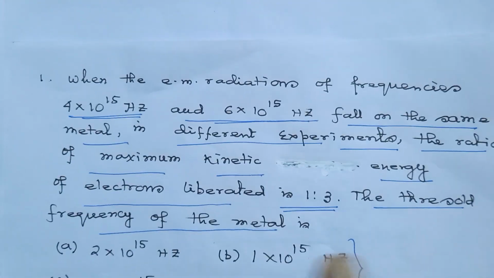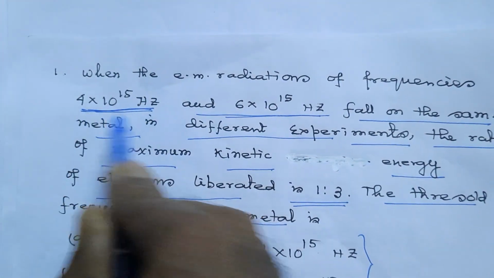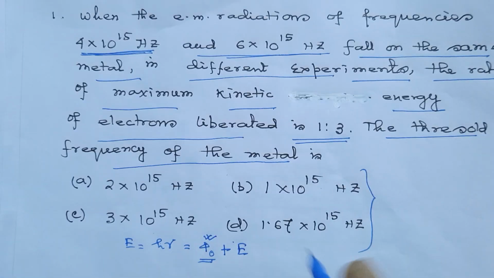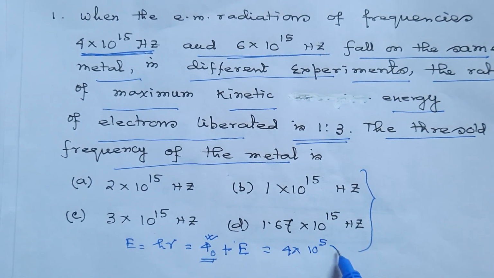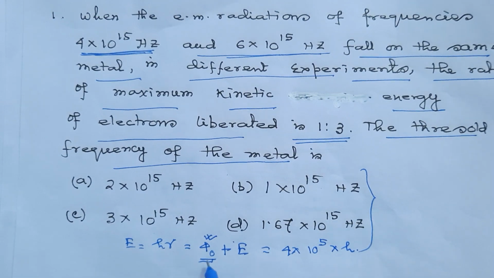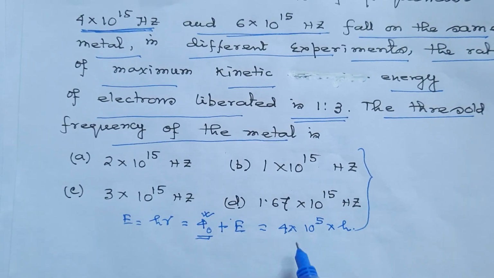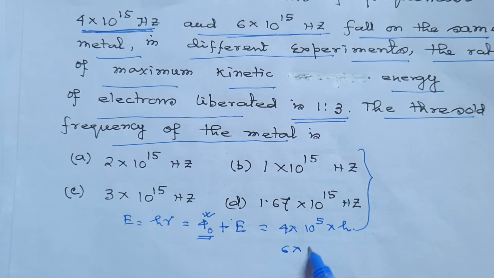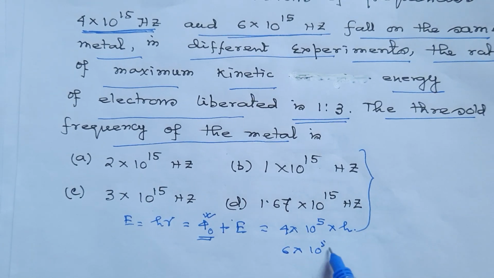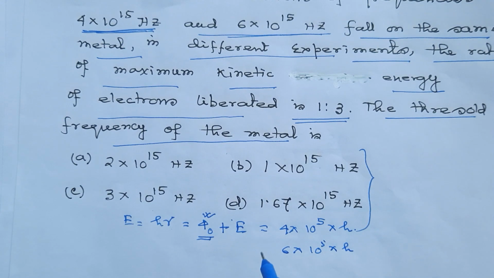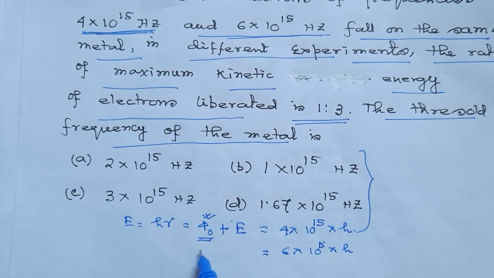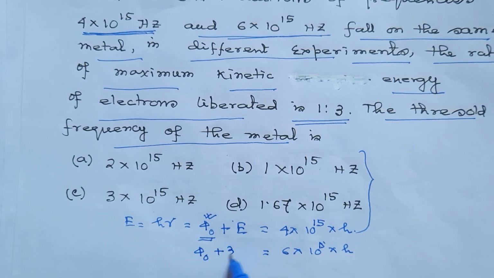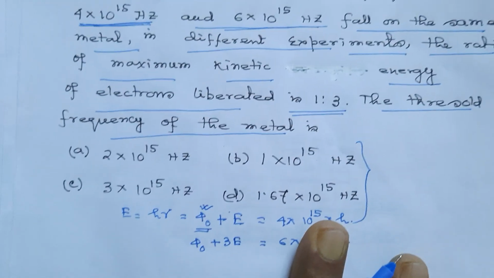So for the first frequency of radiation, we may write 4 into 10 to the power 15, that is the frequency, into h equals phi 0 plus E, where phi 0 is the work function of the metal. For the second case, similarly we can write 6 into 10 to the power 15 into h equals phi 0 plus 3 times the kinetic energy, 3E.